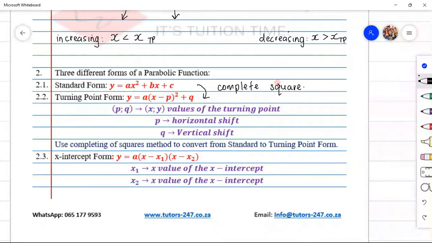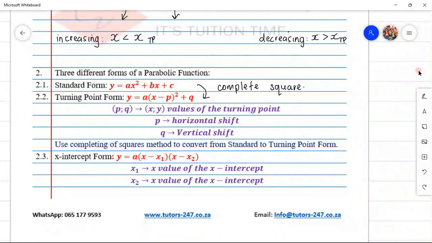Now our third and final form is our x-intercept form. That is represented by the equation y equals a into (x minus x1) times (x minus x2), where x1 and x2 represent the x values of our x-intercepts.